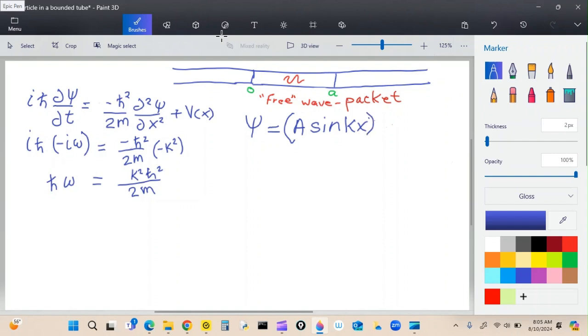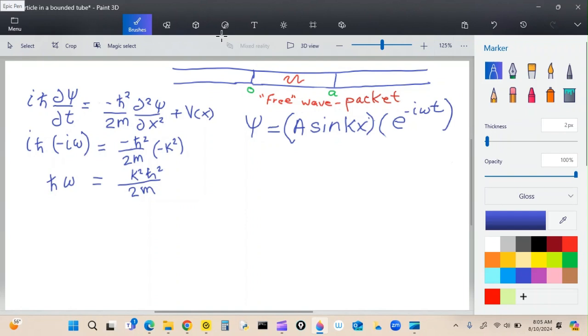And just so we don't lose sight of it, that there is some time-dependent stuff going on here, e to the negative i omega t.